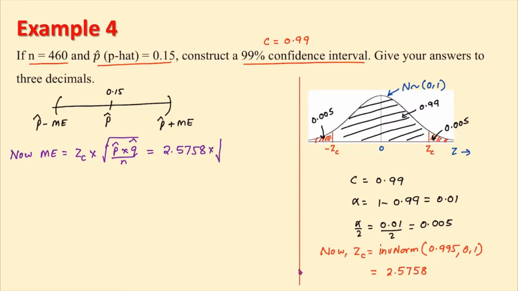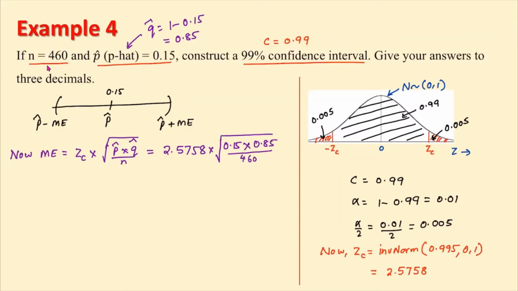P hat is 0.15, or 15%. That means Q hat will be 1 minus P hat, 1 minus 0.15, that is 0.85. So 0.15 times 0.85 divided by the value of N, which is 460 here.